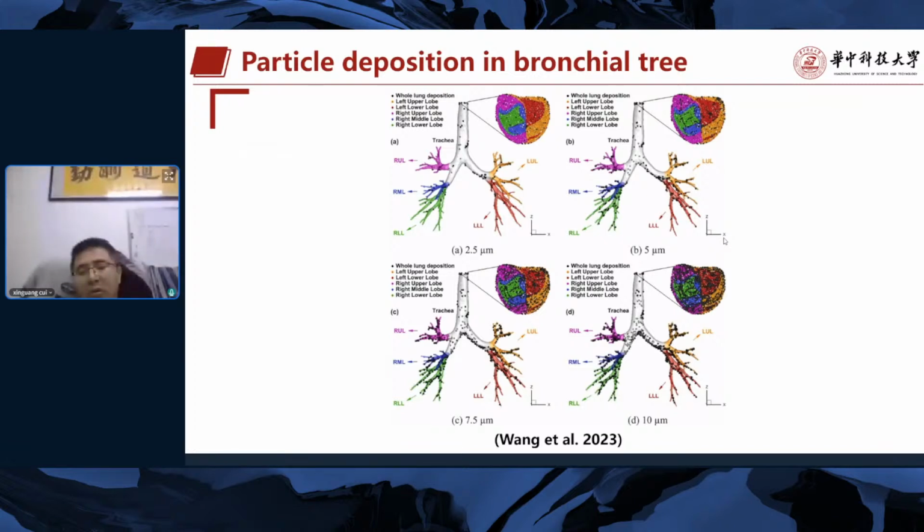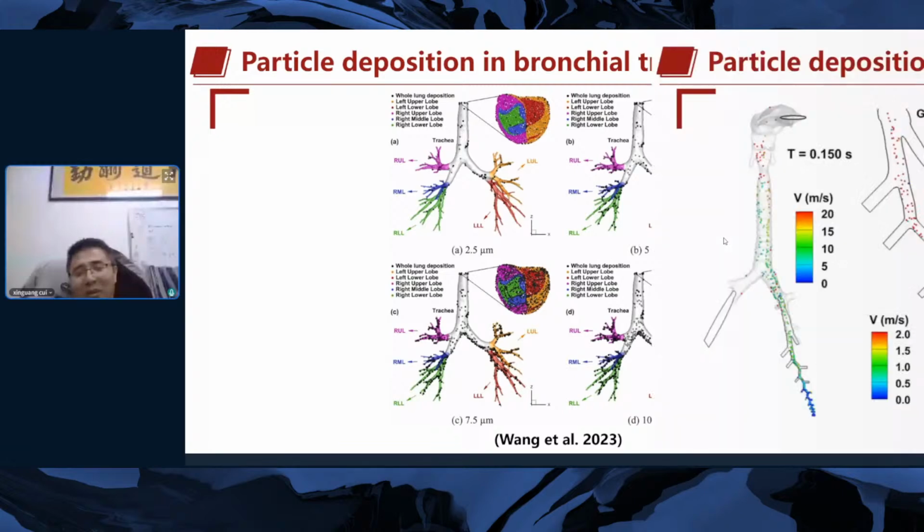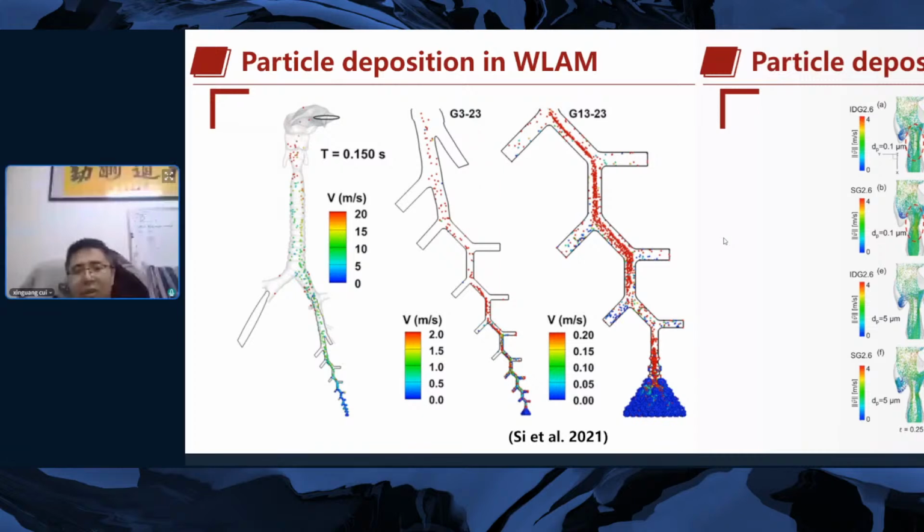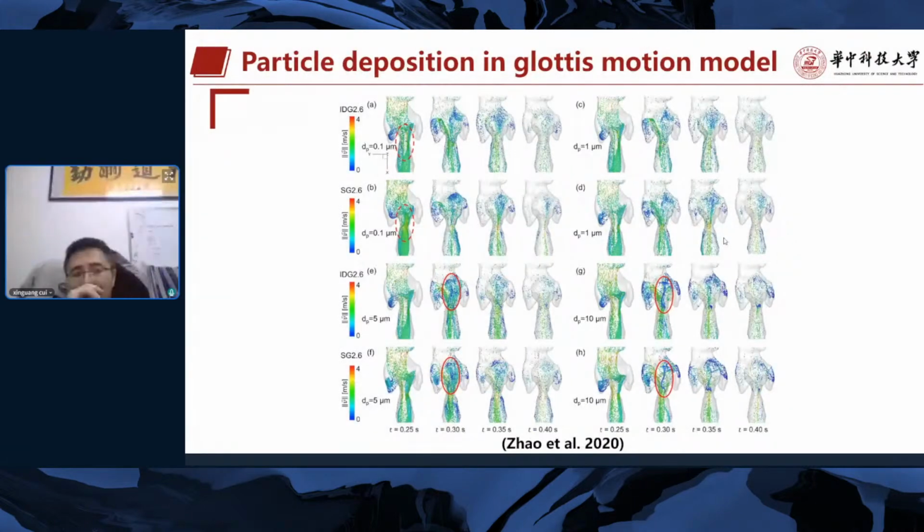Our final positions are strongly correlated with their initial positions, and the particles can go from the mouth-throat to the inside of the sac position, and also the glottis motion impacts the particle deposition.